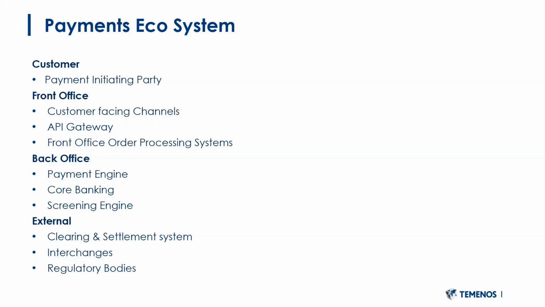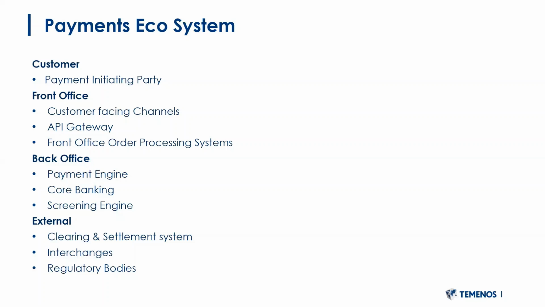Pre-processing means registering your request, performing some basic validations, such as bank validation, account validation, IBAN validation, and then seeking confirmation from the customer on the payment charges, the FX rates you are applying to that payment, and finally confirming with the customer on the acceptance or rejection of the order.